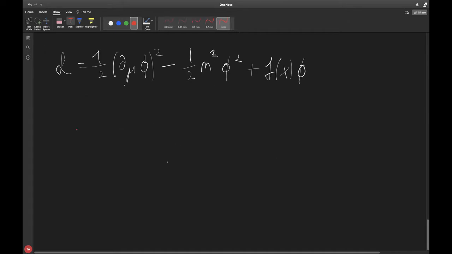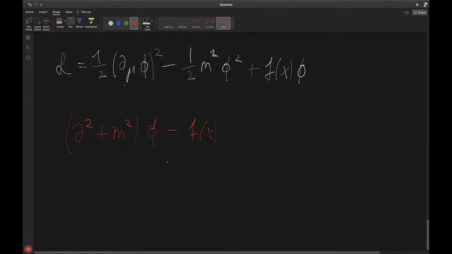Then we get that the equations of motion are the derivative squared plus m squared, as we used to have it in the version with the massive scalar field. But now the right hand side is going to be J(x). So this is now an inhomogeneous partial differential equation, and in general, it's not easy to solve this kind of equations.